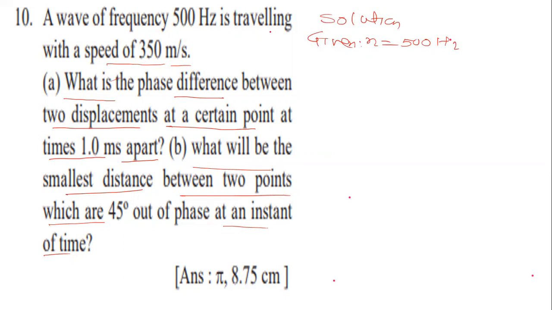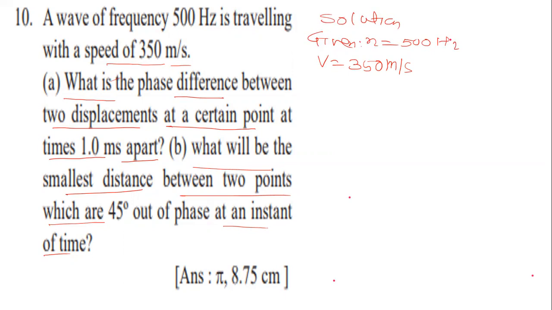Then the speed of the wave is given. It is 350 meter per second. And we have to find out the phase difference between two displacements at a certain point at times 1 millisecond apart.